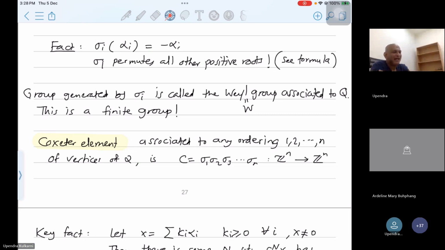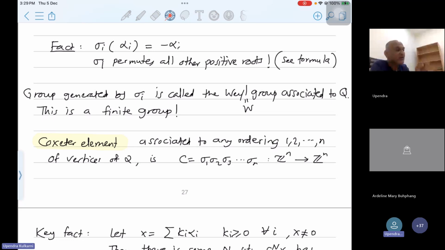So all of these are linear maps, so they will be completely determined by what they do on the basis. Well, how many possible things can it do to a basis? The number of roots is finite. So the number of permutations that W can induce on this finite set is also finite.